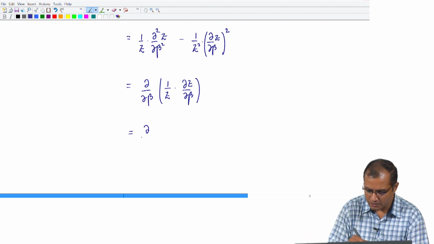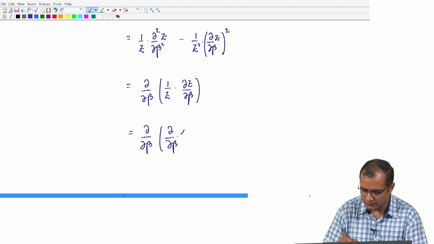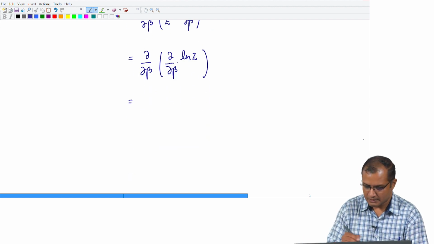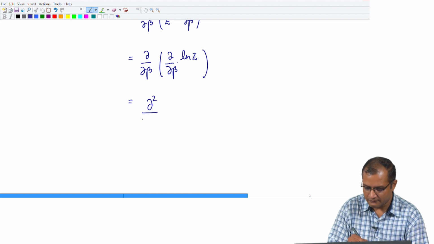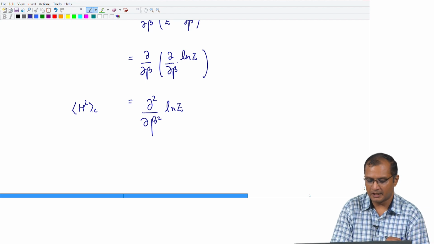I already know what is the quantity inside the bracket, which is nothing but d over d beta of ln Z. So, this is nothing but the second derivative of ln Z. Remember, I was computing the second cumulant of the energy.